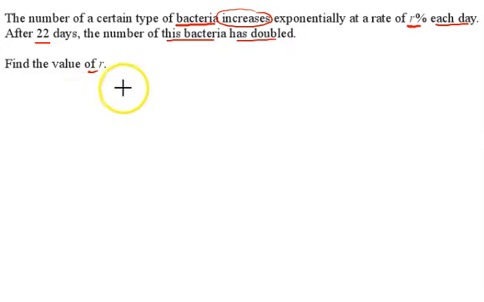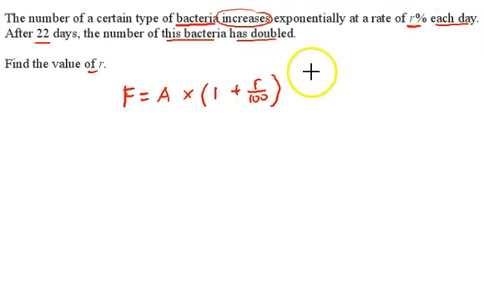In this case, we just have to use final value equals initial value multiplied by (1 plus R percentage) to the power of the number of days, so here it's 22.